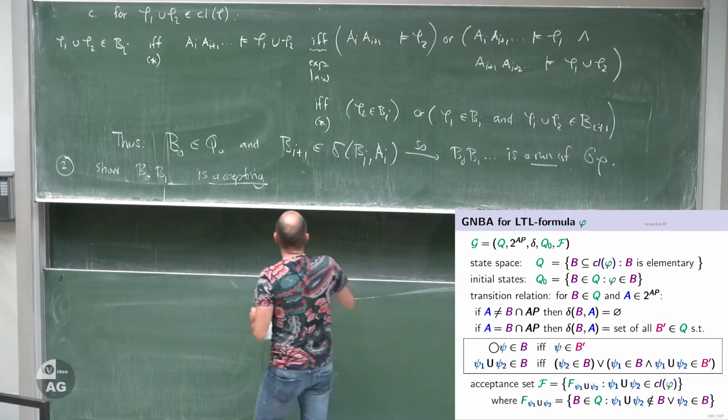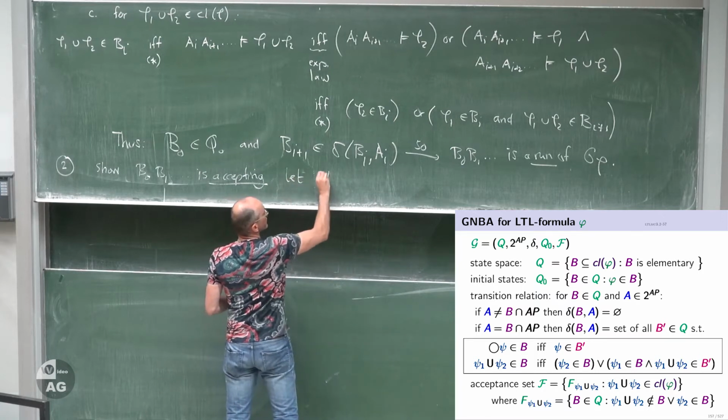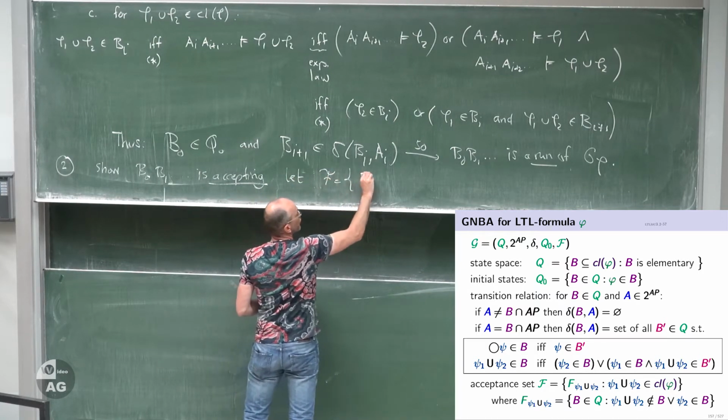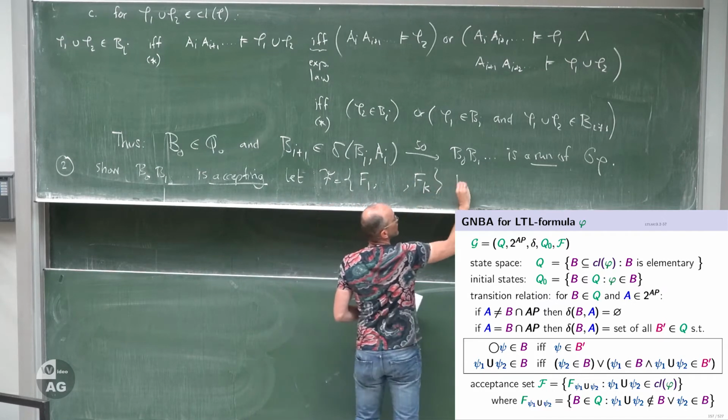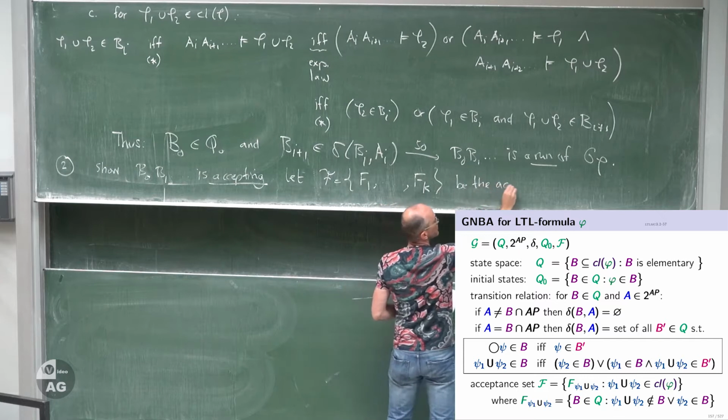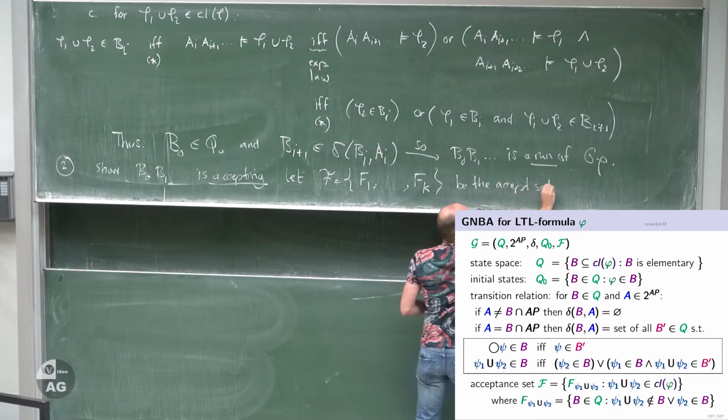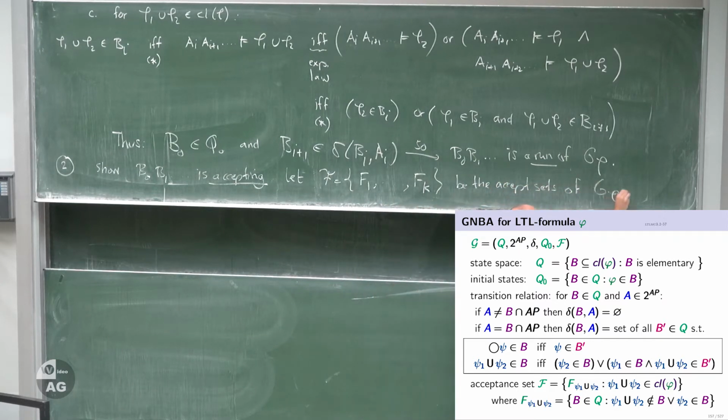Good. Let the set of accept states be something of the form F1 up to Fk. These are the accept sets of my automaton.